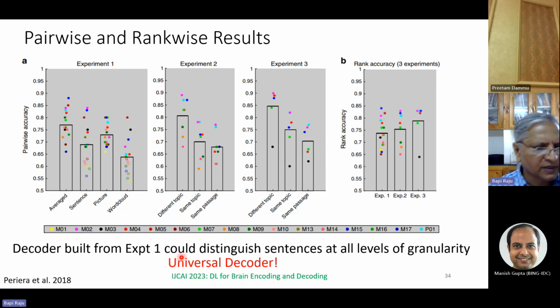It could distinguish sentences at different levels of granularity, coming from different topics or same topic but different passages or within the same passage. The decoder is actually built from experiment 1, but used to test decoding performance on stimuli from 2 and 3.